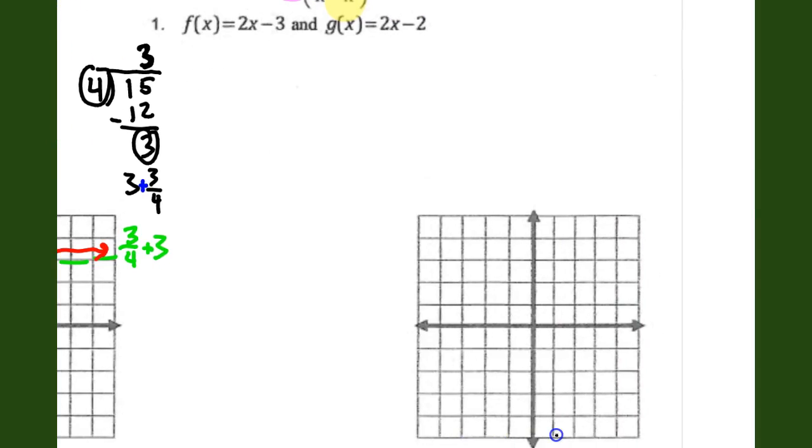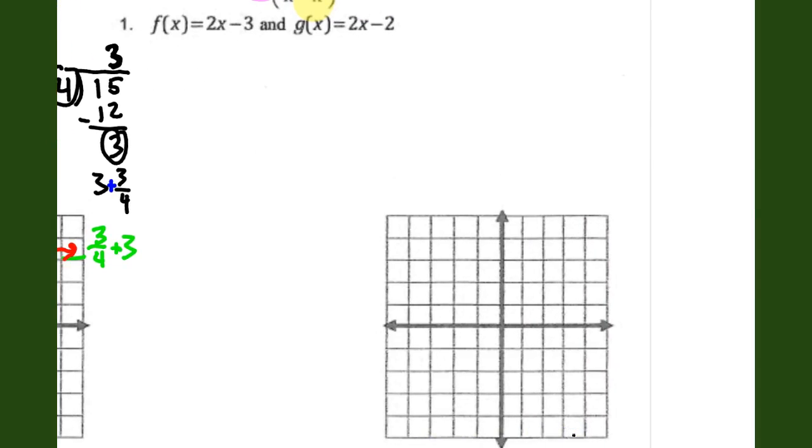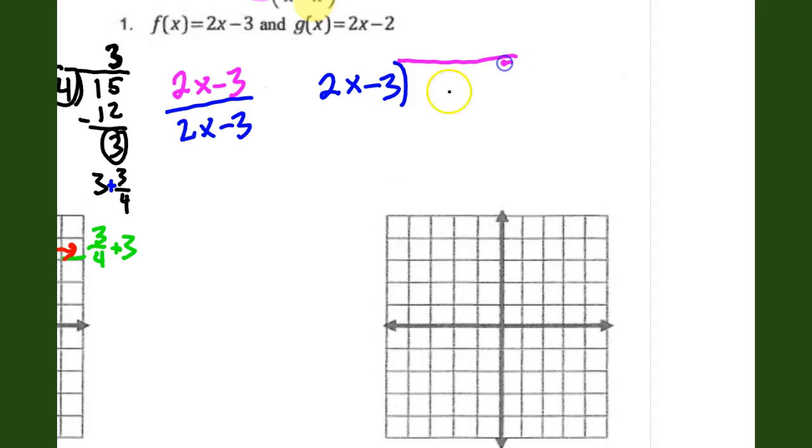All right. Using the same format here. Have 2x minus 2 here, divided by 2x minus 3. Do the long division. Oh, I did that wrong already, didn't I? Let's try this again. It's the second time.